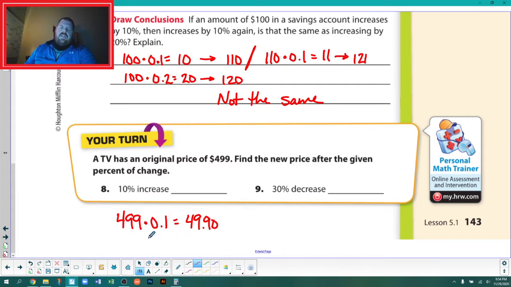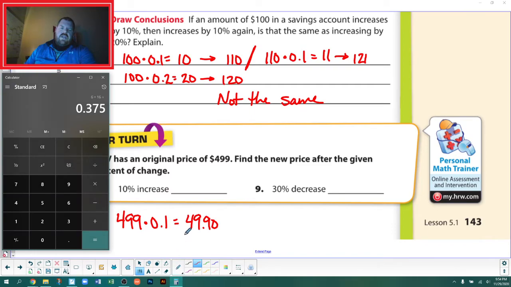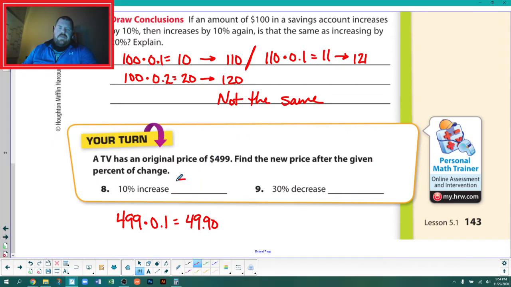And add that back to our $499 just to double check. If I take $499 times 0.1 plus $499, it's $548.90.